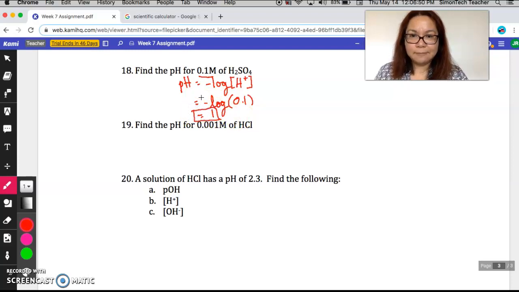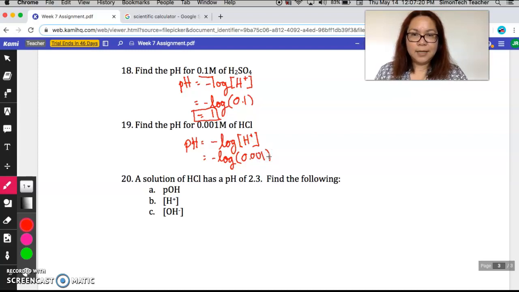Now for number 19, we're going to have to find the pH for 0.001 molarity of hydrochloric acid, HCl. Again, write the equation, pH equals negative log times the concentration of the acid, negative log times 0.001.